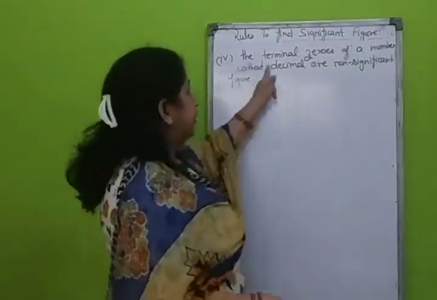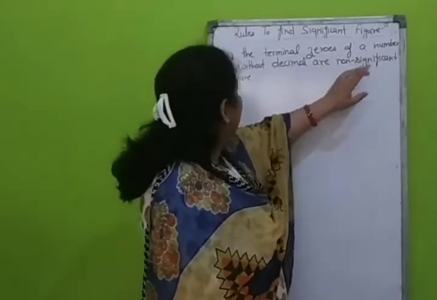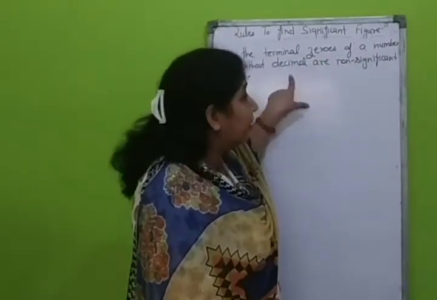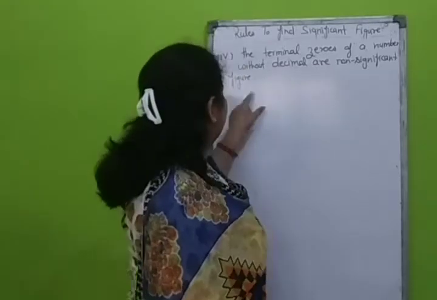Got it? The terminal zeros of a number without a decimal, where there is no decimal, are non-significant figures.